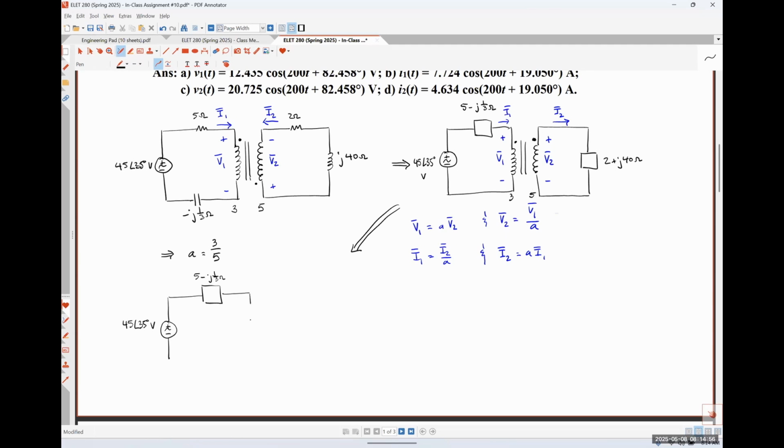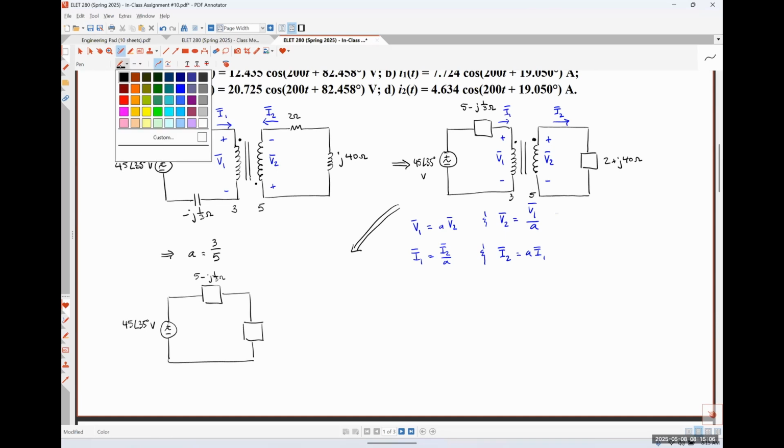And now I'm just going to have this connected with that referred impedance. So we're going to have to figure out what that is, where this voltage drop is going to be V1 and this current is going to be I1. And once we solve for those things, we can get V2 and I2 just by using our transformer relationships.